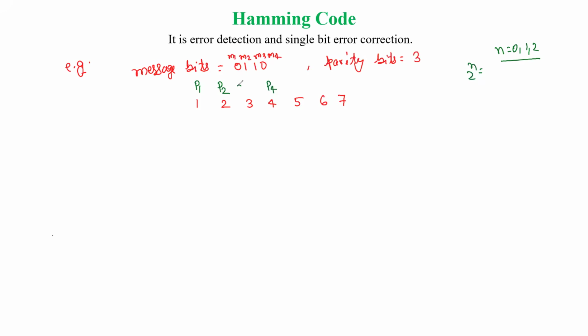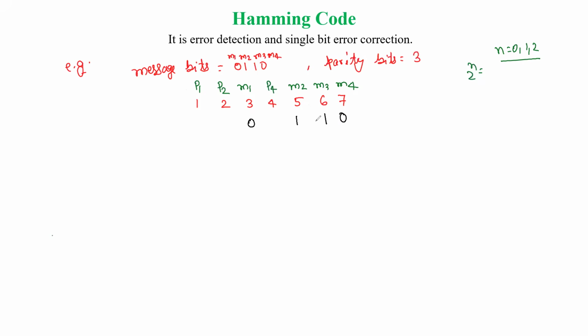The remaining positions are for the message bits: M1, M2, M3, and M4. Now we can write the given message bits here: 0, then 1, 1, and 0.